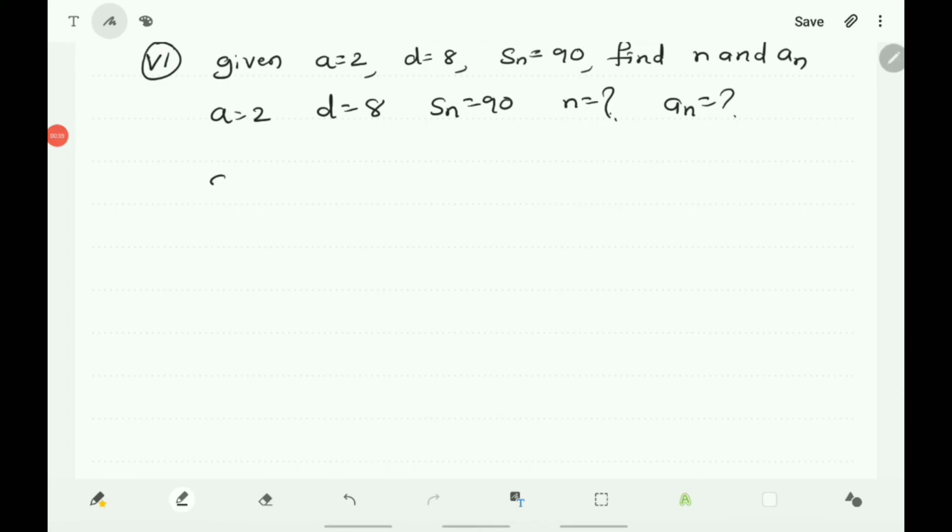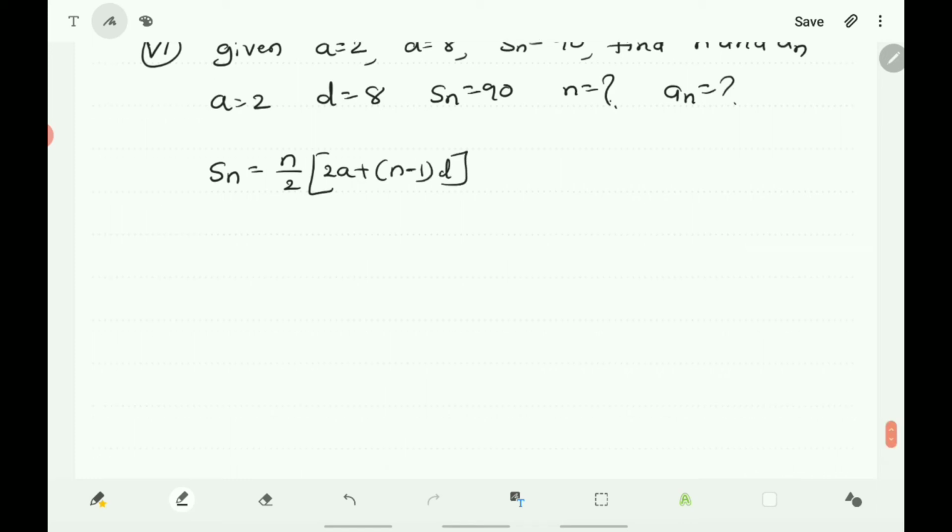Then you write the formula Sn is equal to n by 2 into 2a plus n minus 1 into d. That is n by 2 into 2 into 2, because a is 2, plus n minus 1, d is 8, is equal to 90, because Sn is equal to 90 here.